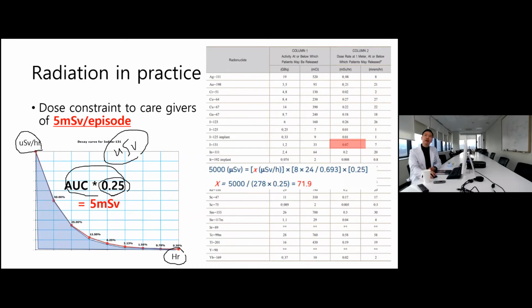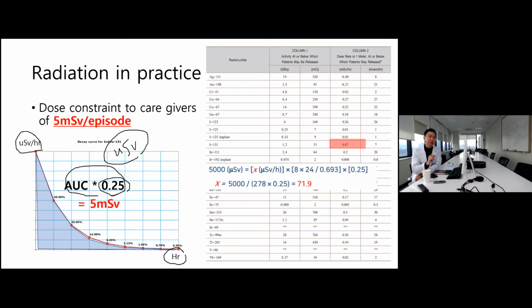If you calculate, it comes out to 71.9 microsievert per hour. If you change it to millisievert, it is near 0.7 millisievert per hour. So these are some practicals of how we use this dose constraint.